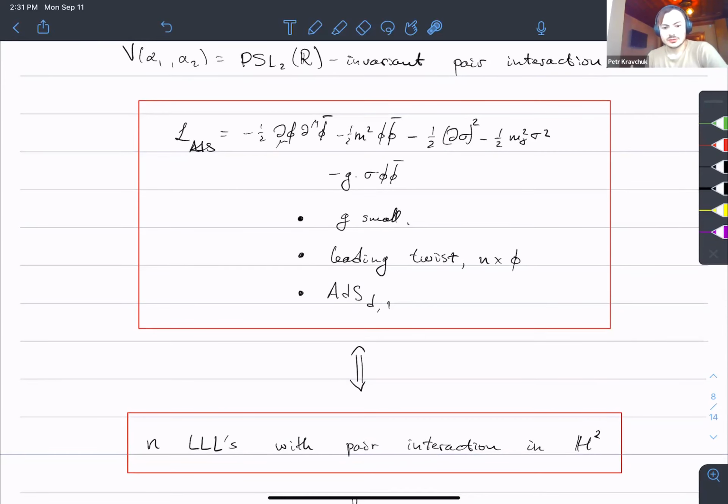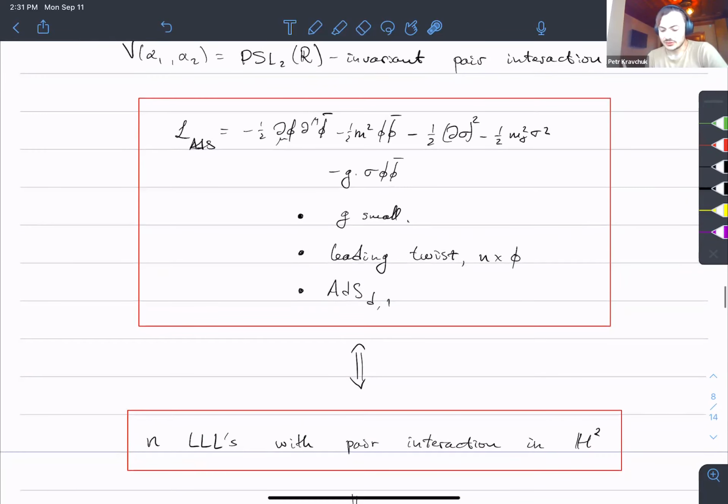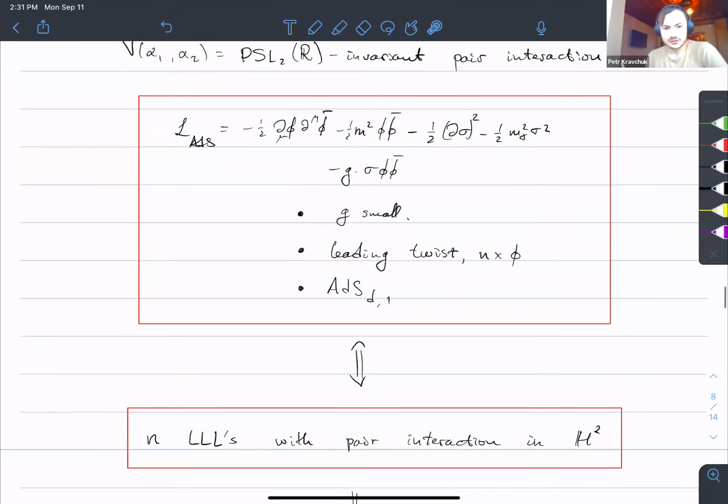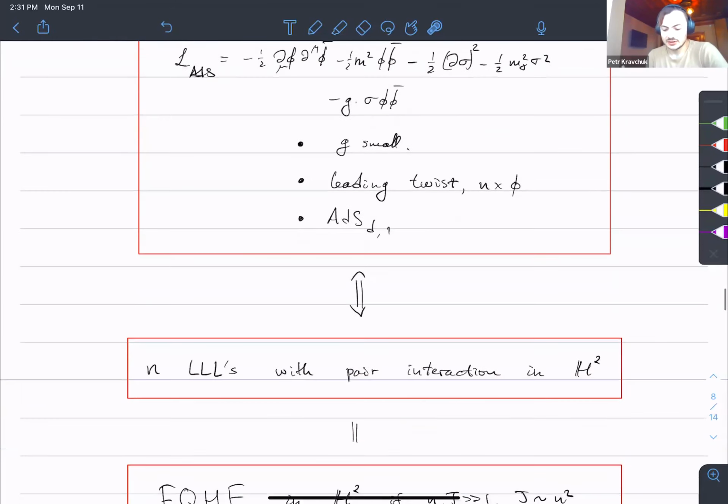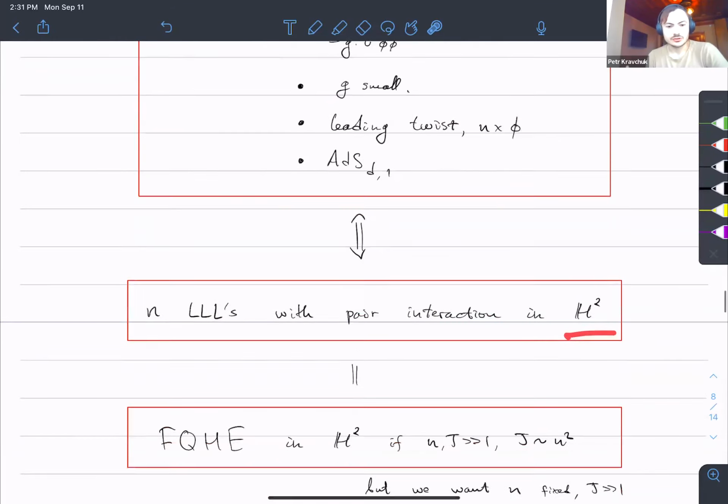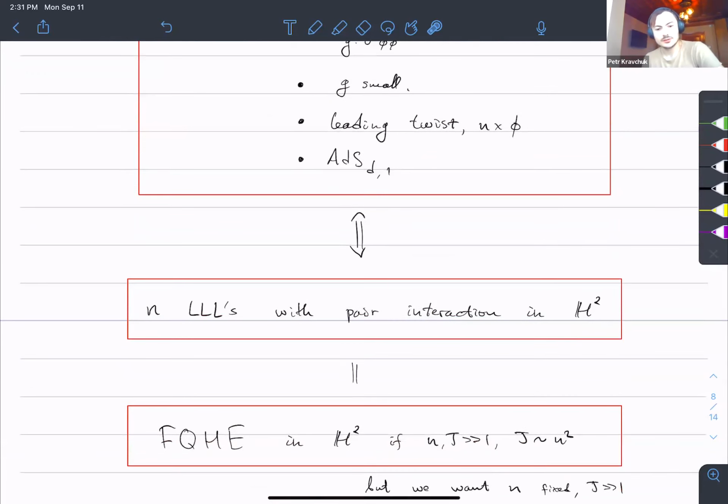And one thing that one might jump at here is that this problem actually has a special name. It's called the fractional quantum Hall effect. When you have a bunch of particles in the lowest Landau level with pair interactions, people love to study this. If you take the number of particles and spin large at the same time with a particular scaling, then it will be literally the fractional quantum Hall effect.